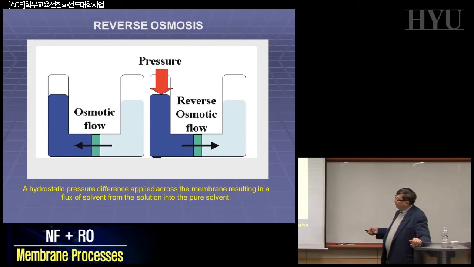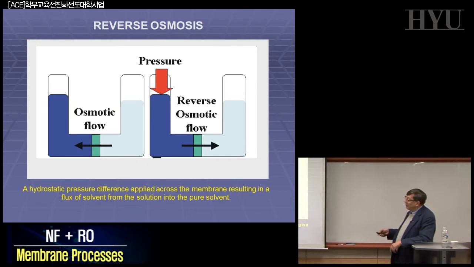Just to remember, osmotic phenomena are phenomena in which you have a semi-permeable membrane where only water can go across, and you have just fresh water on one side and seawater on the other side. What is happening normally is that the only way to have equal chemical potential for the water on both sides of your membrane, that means the same concentration basically, is to move water from the dilute side to the more concentrated side, trying to dilute also the seawater.